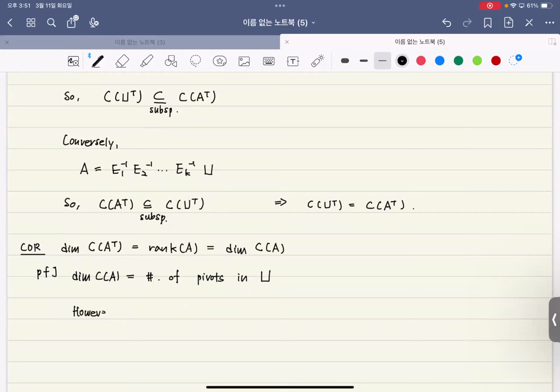However, the number of linearly independent rows of U is the same as the number of pivots.